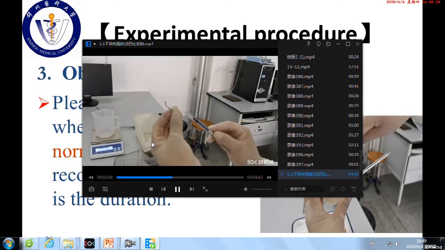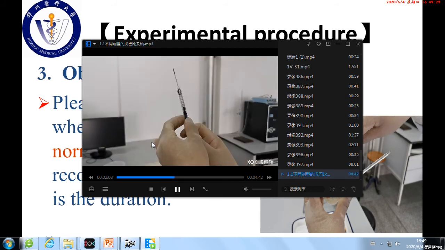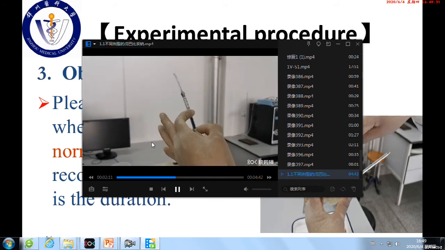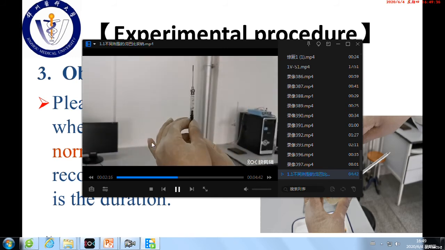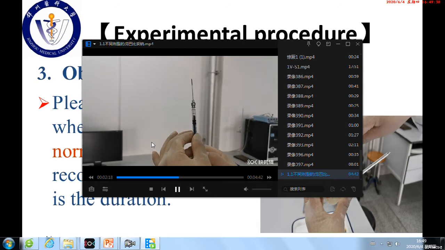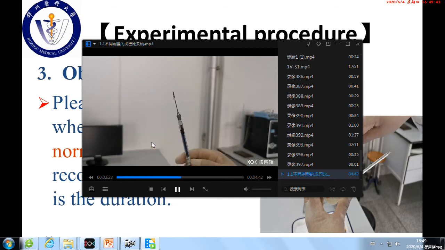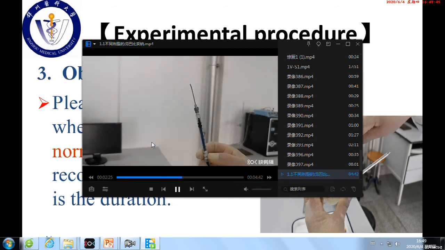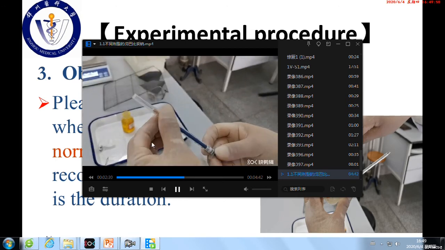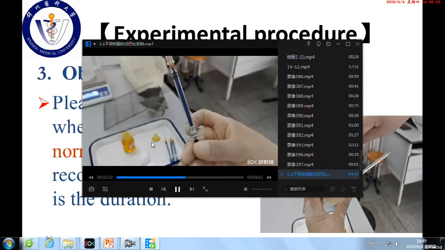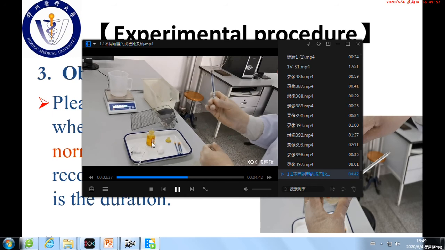So you can take the needle off the injector, but when you adjust the volume of the drug, you should wear the needle until the tip of the needle flows out the drug. This injector is for pentobarbital solution.